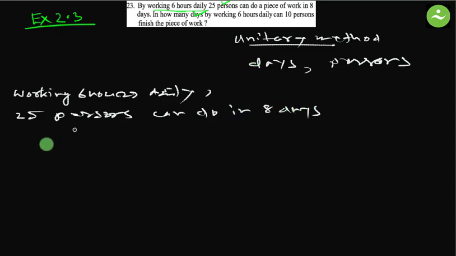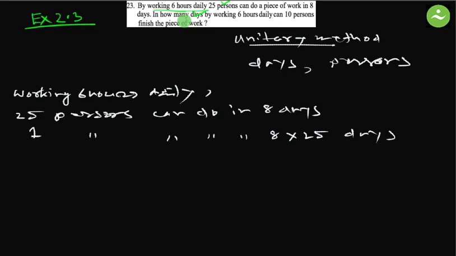In the unitary method, first we find the value of the unit. So if one person works, the number of days will be more because he has to work more days to complete the work. So we multiply 8 multiply 25 days.